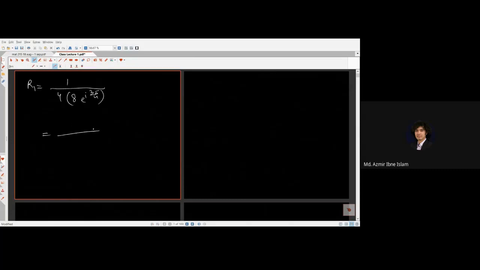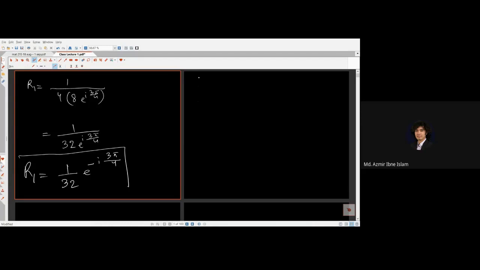So that means we can write it is 1 over 32 e to the power i 3 pi by 4. Or we can write it this way, 1 over 32 e to the power negative i 3 pi by 4. This is R1.